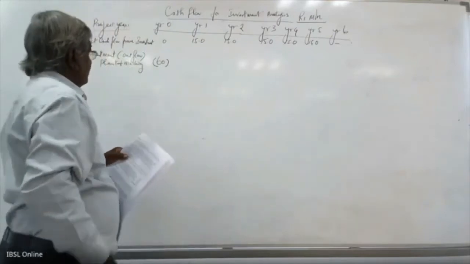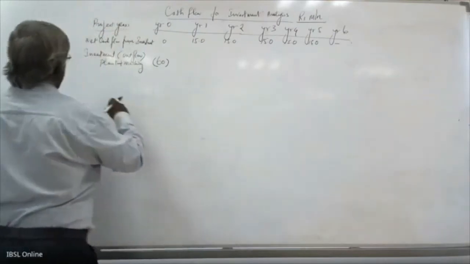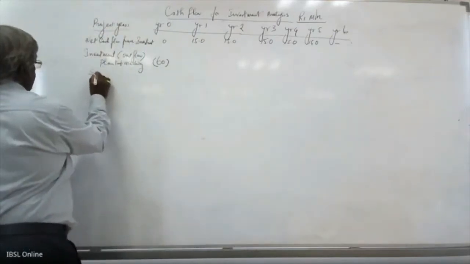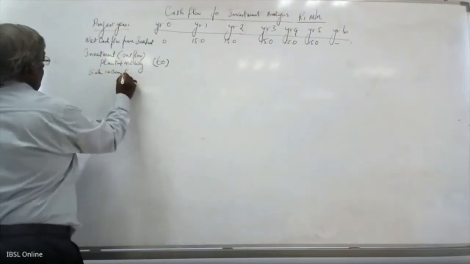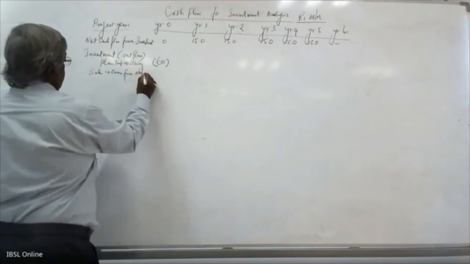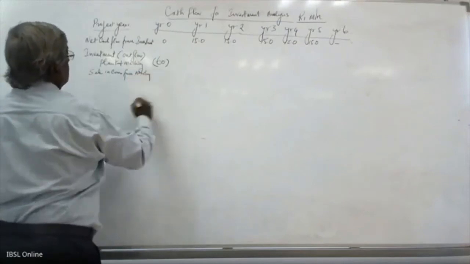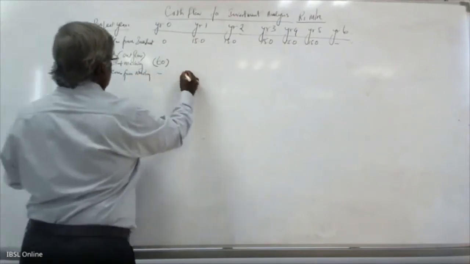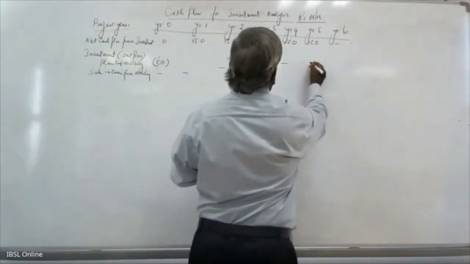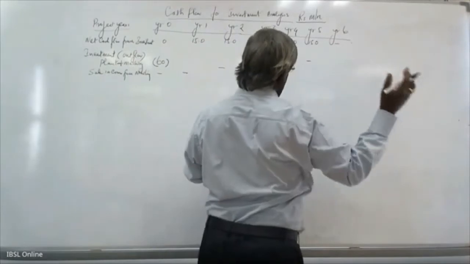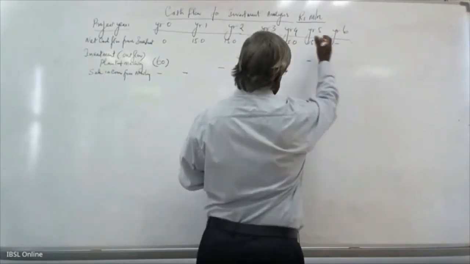So we can say sale income from machinery. Some people take this sale income in the fifth year itself.